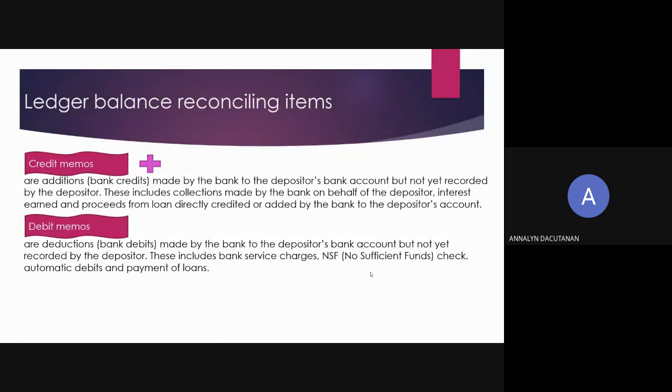Kung wala nang pera yung bangko, i-reverse mo ngayon yung entry mo. Okay? So, paano natin ngayon ma-reverse yung entry natin? It will be a deduction against the book balance of the company.